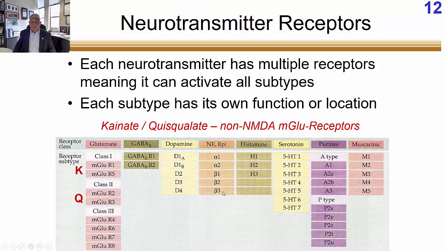It means that all of these 5 receptor families here can be activated by norepinephrine and epinephrine. But then what happens when they get activated is slightly different, or where these receptors are located is in a different place. So for instance, the beta family of norepinephrine receptors are found in our breathing passageways, and are activated in response to constrict our airways.